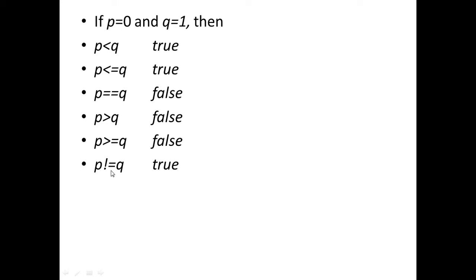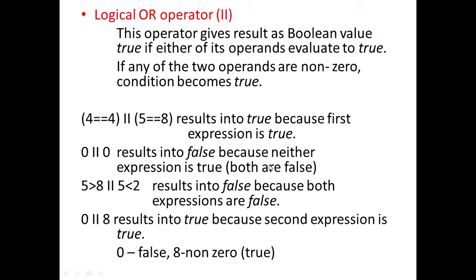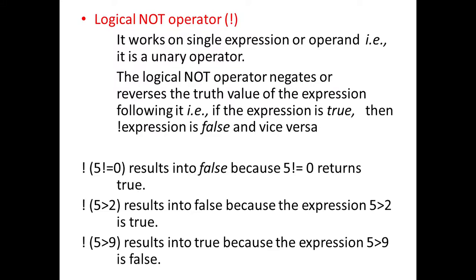This is actually a relational operator here. We are checking if 5 is not equal to 0. Yes, 5 is not equal to 0. Then here it is the logical NOT operator. If we have this one and the equal to sign both, it is the not equal to sign, so it will return the value false. Now here, 5 greater than 2, true or false?